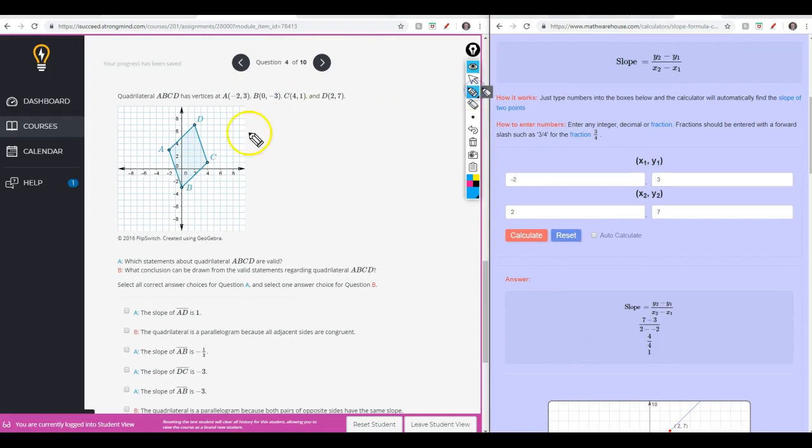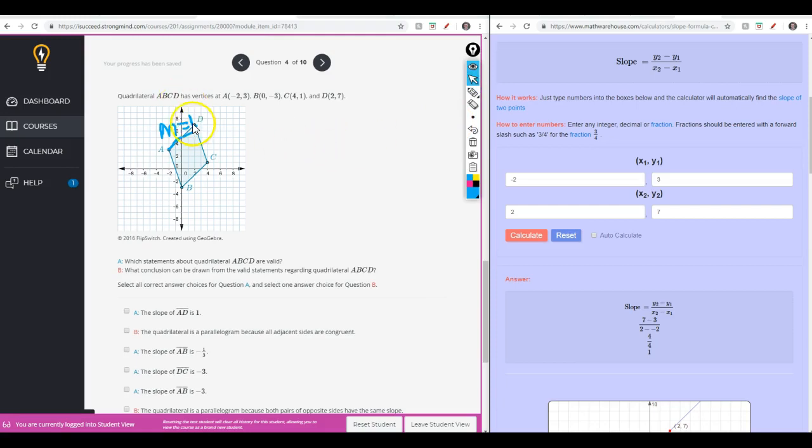So I'm going to mark that AD right here. I'm going to say slope is equal to 1. You could also count this out if you wanted to. I'm just going to use a resource because it's quicker than counting it out and reducing it.